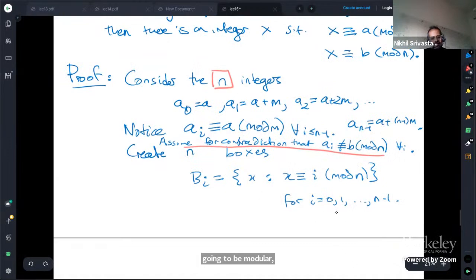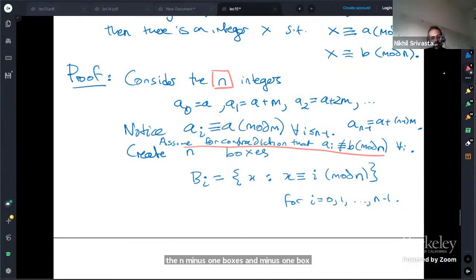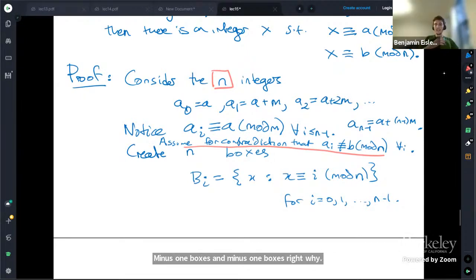So when I put them in boxes, how many boxes am I actually going to use? n minus 1 boxes, right? Why? Because we've got n boxes, except we're not going to place anything in the b-th box. Exactly.